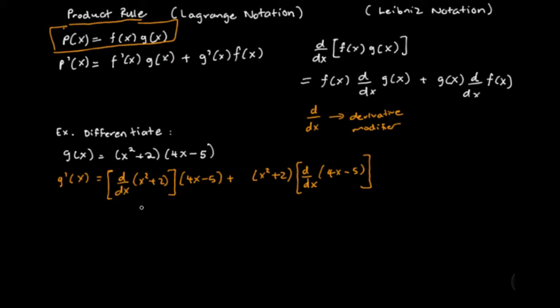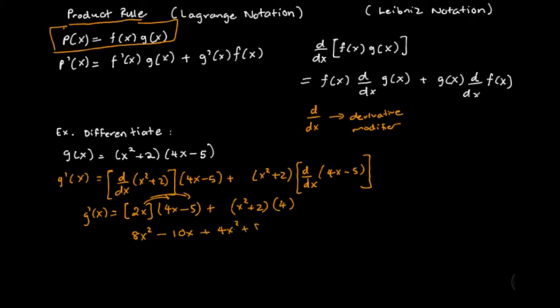So the derivative of x squared plus 2 is 2x times 4x minus 5, plus x squared plus 2 times the derivative of 4x minus 5, which is basically 4. And this is your derivative function, g prime of x. Then I'm just going to expand this out. So you get 8x squared minus 10x plus 4x squared plus 8.